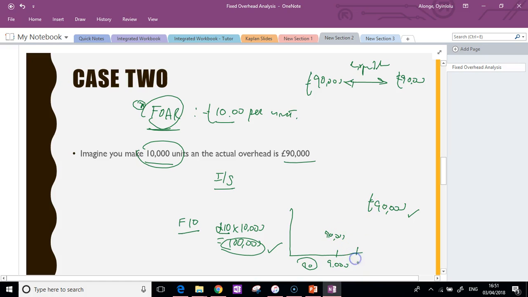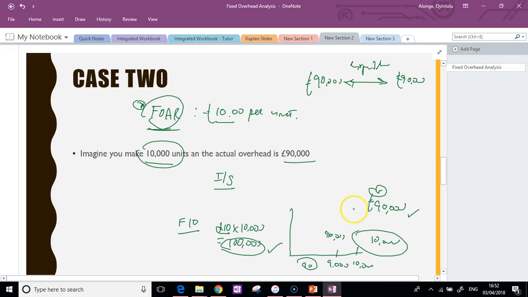But as soon as you made another 1,000 units, you suddenly had this weird extra 10,000 coming to your income statement. But we know that we're talking about fixed costs. They're not based on volume. So we say you need to adjust your income statement to bring it back to what actually happened.